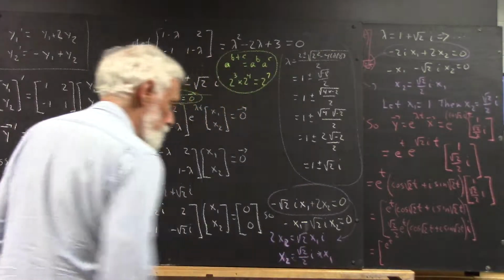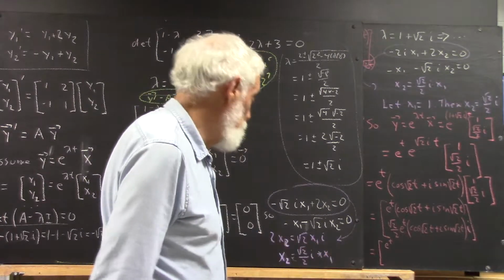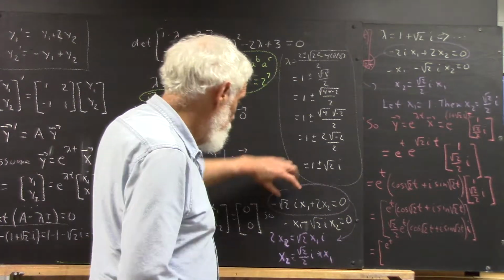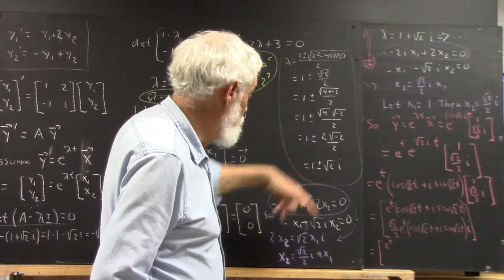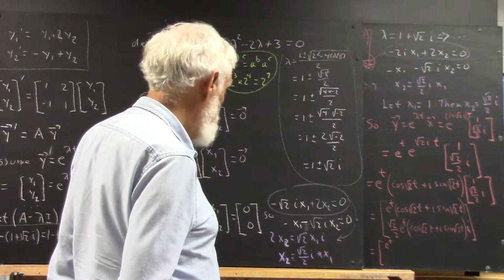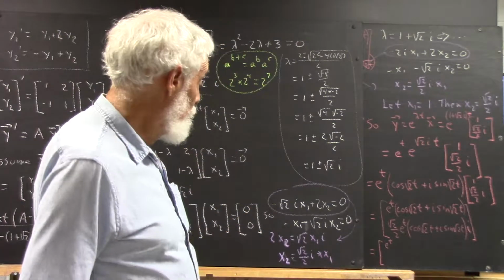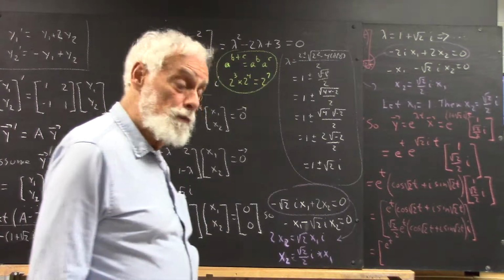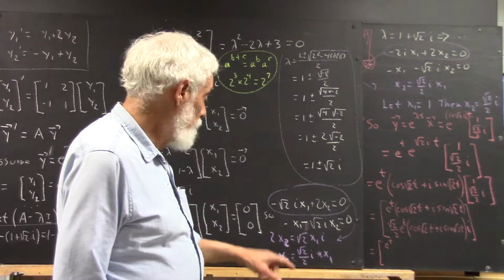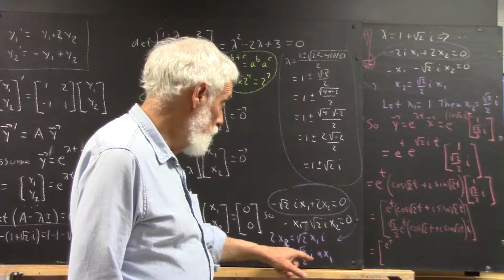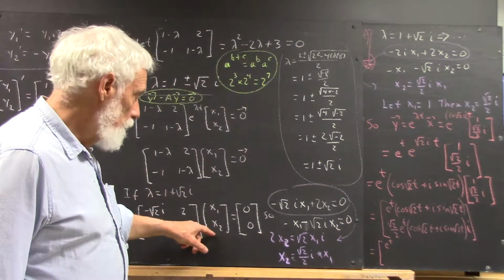This says x2 equals square root of 2 over 2 i times x1, and that follows by very simple algebra from this equation. Well, that gives us any number of choices for our x1 and x2. The simplest choice is let x1 equal 1, then x2 is going to equal what? Square root of 2 over 2 times i. So our x1, x2 vector is 1, square root of 2 over 2 i.